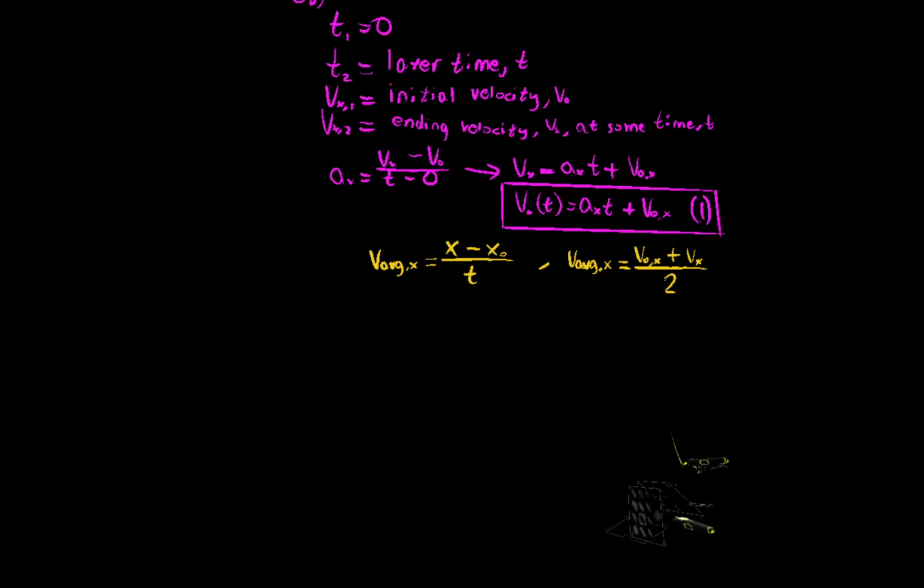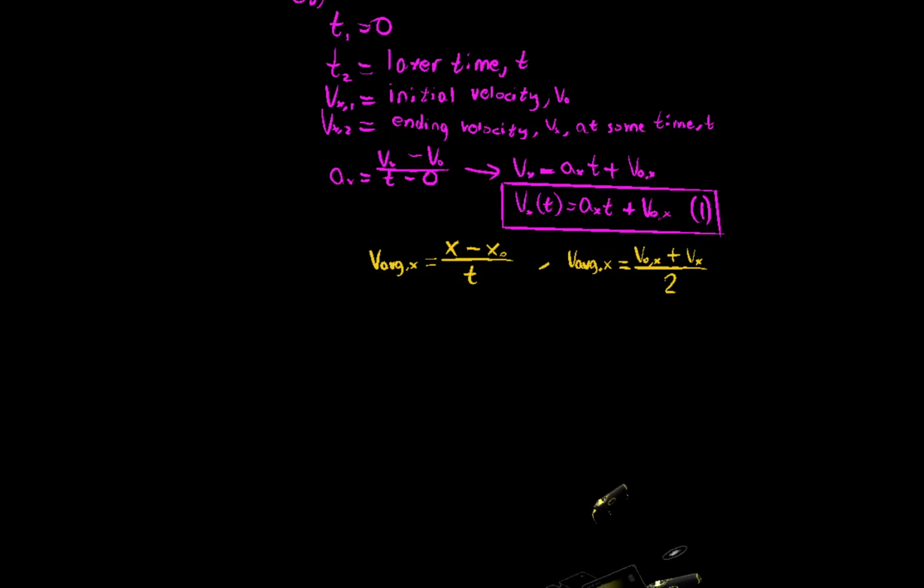Why can we say that? Well, if acceleration is constant, then velocity is some straight line. It's not curving. And so we can add initial and final, divide by 2, and get the average velocity.